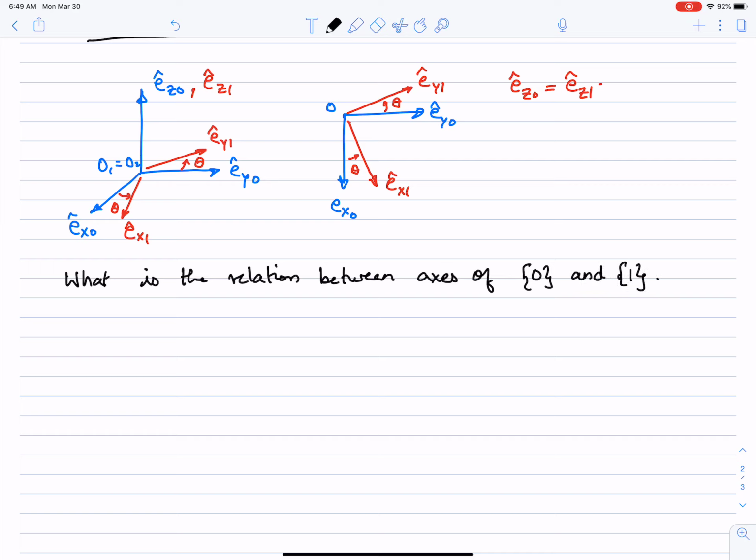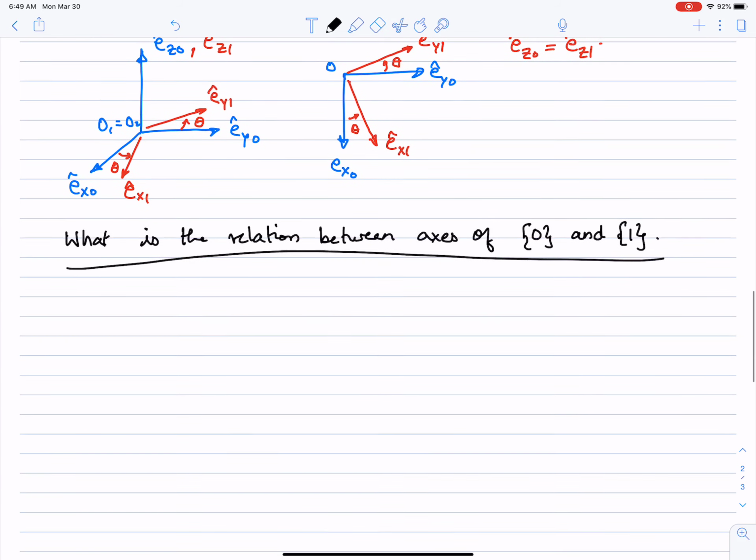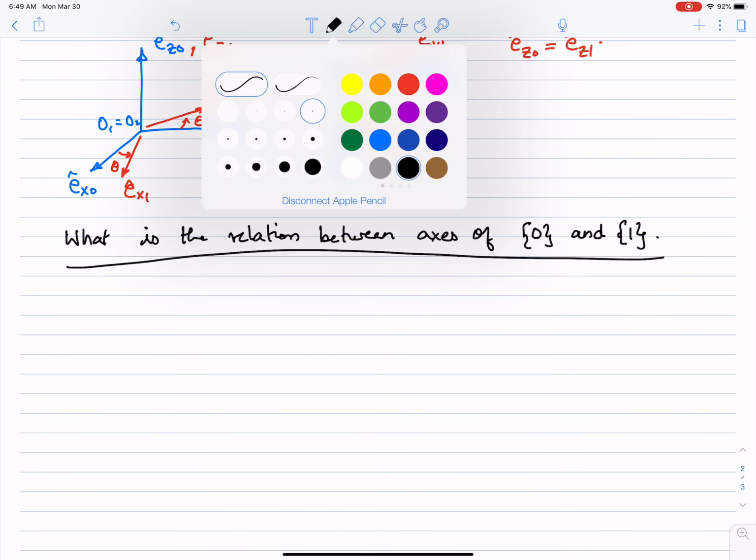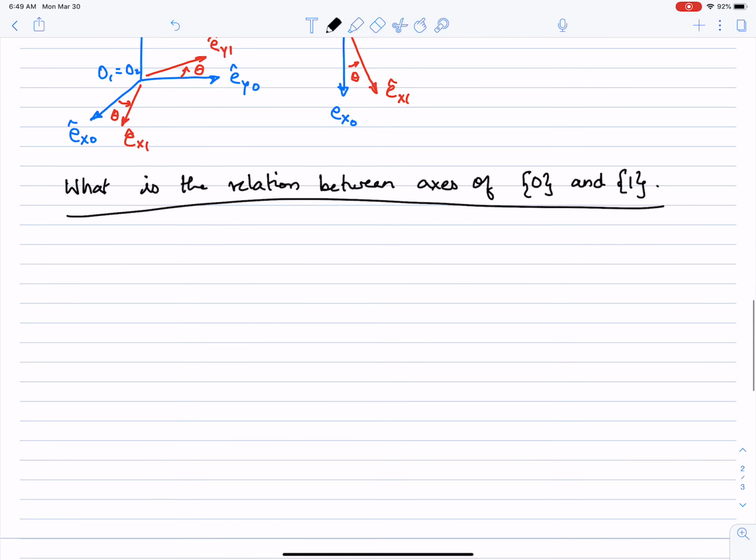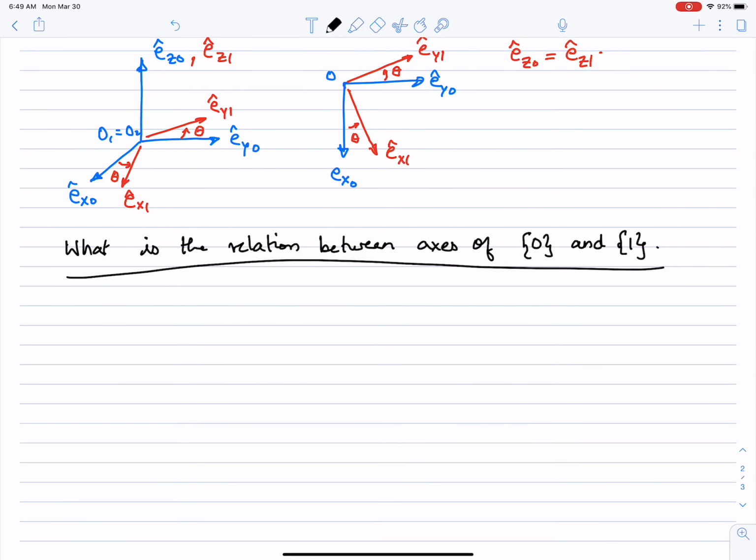Okay. So let's write that down. Let's write EX1 equals something times EX0 plus something times EY0 plus something times EZ0.